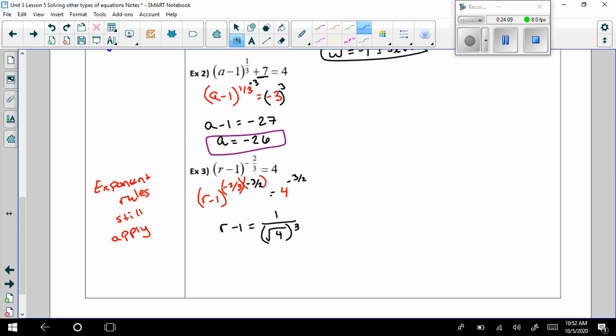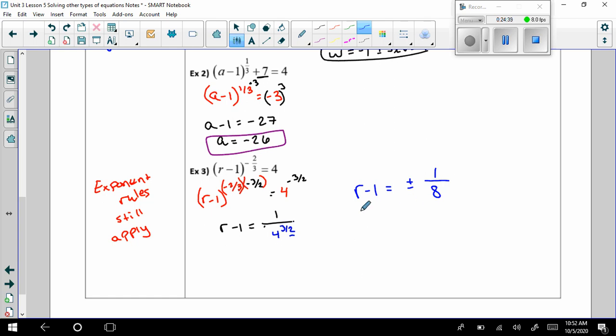You can cube it first and then square it. Or you can even take 4 to the 3 over 2 and type that in your calculator. All right, that will work too. But we're taking the square root of 4, which is 2, and cubing it, which is 8. And because we took the square root, we have to put that plus or minus. So we get r minus 1 is equal to plus or minus 1 over 8.